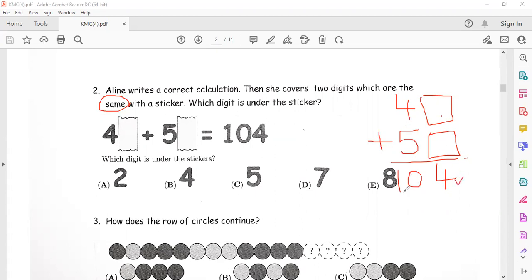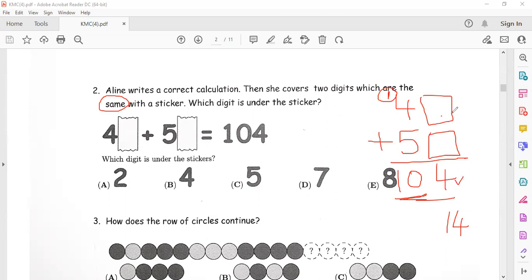But will 4 plus 5 give me 10? No. So there has to be a secret 1 up here. Then 1 plus 4 plus 5, I get 10. However, what plus what gets me a number where I carry up a 1 and write a 4? That means I'm writing a 14.